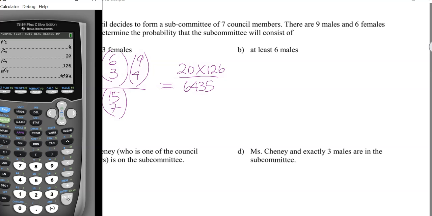So I'm going to do 20 times 126 divided by 6,435; you need to bracket that, so you work that out first. So 0.39. Let's multiply that by 100.